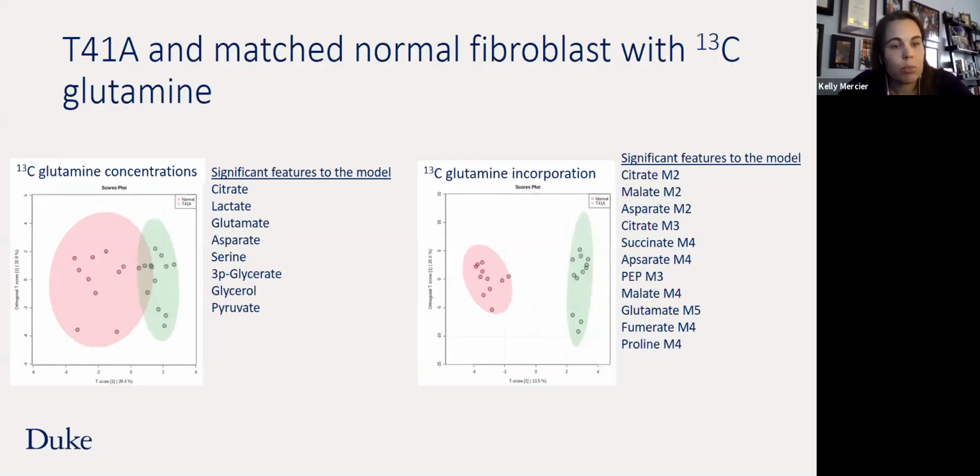Similarly, we also have good supervised models, and unsupervised not shown, when we incorporate C13 glutamine into the cell media. And you can see that the metabolite concentrations and isotopic differences that were significant for building these models are different, but equally intriguing.